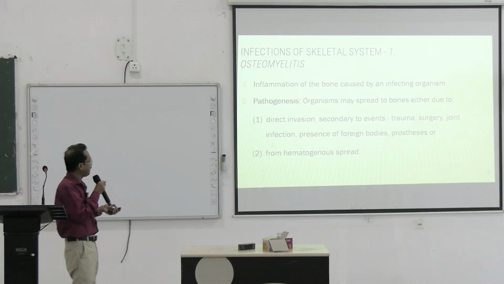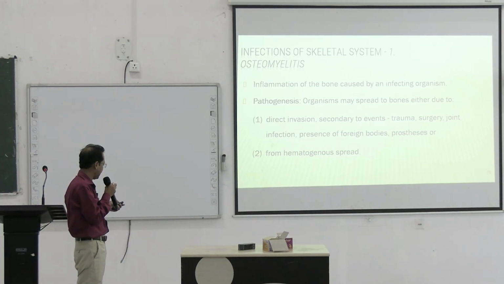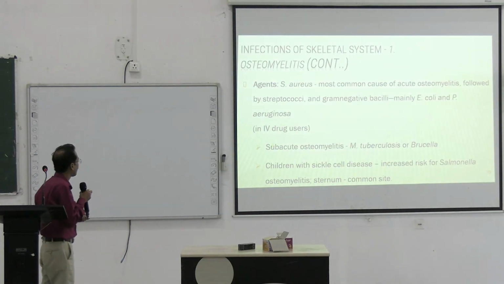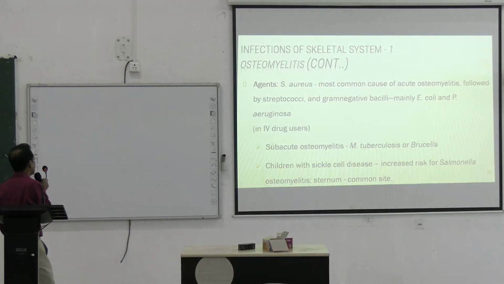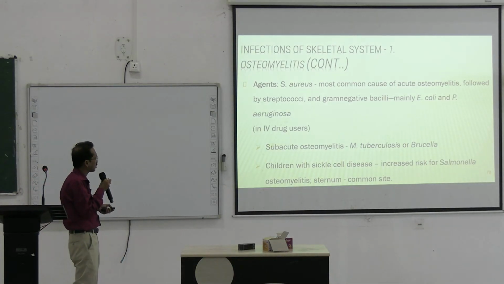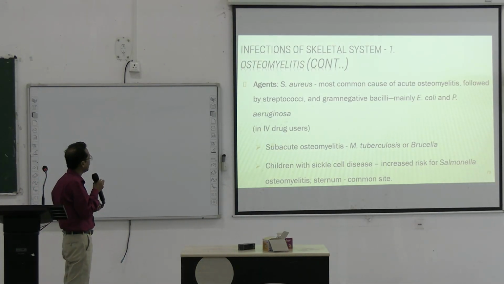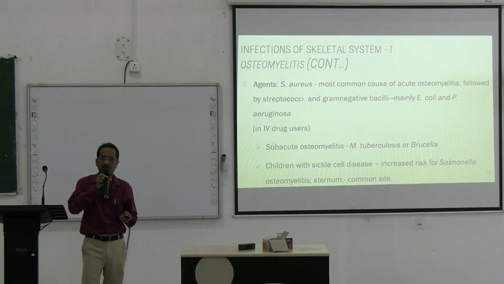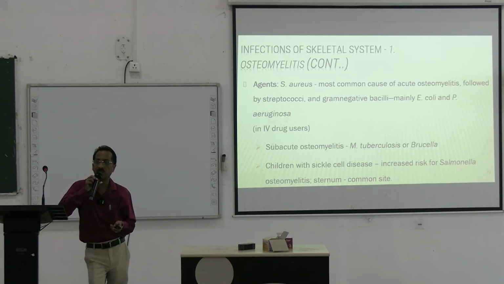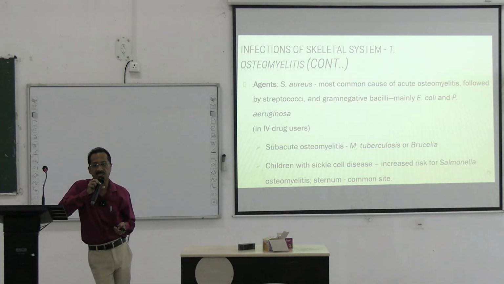Skeletal system infection may be by direct invasion following trauma or surgery, and from hematogenous spread. Staphylococcus aureus is the most common cause of acute osteomyelitis, followed by Streptococci and gram-negative bacilli, mainly E. coli. An MCQ used to come: what is the common bacteria for osteomyelitis in a patient with sickle cell disease?